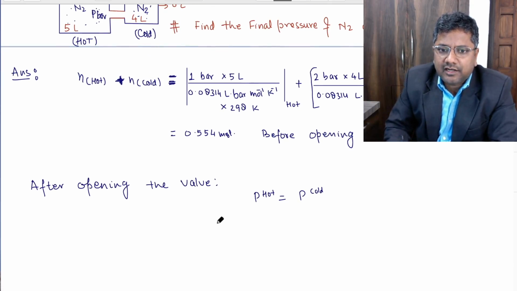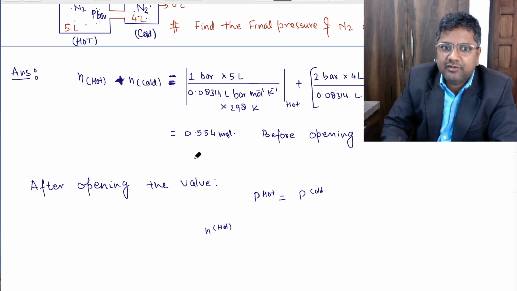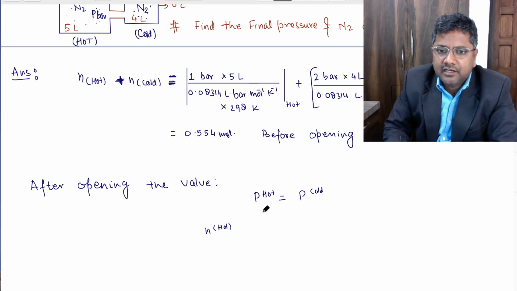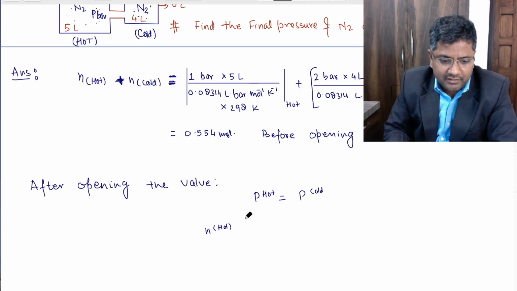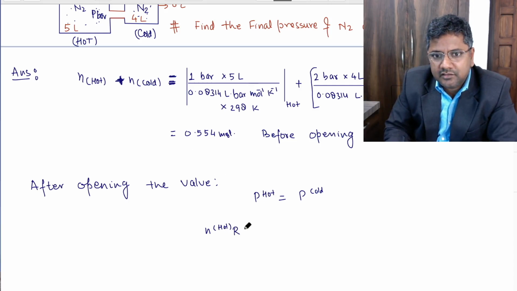So now I am applying PV is equal to nRT here. P hot is equal to N hot R T hot by V hot.